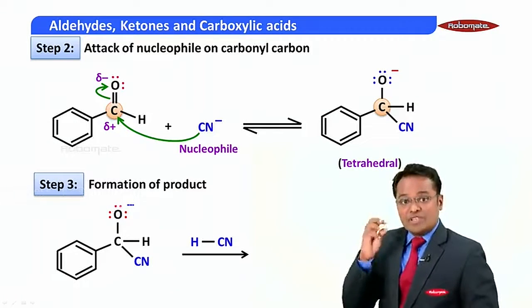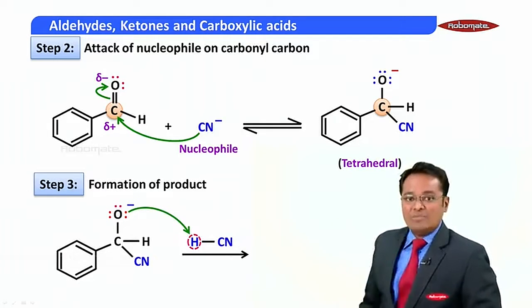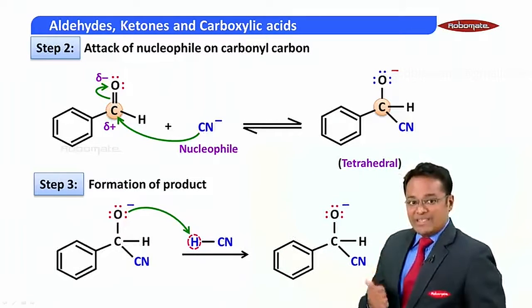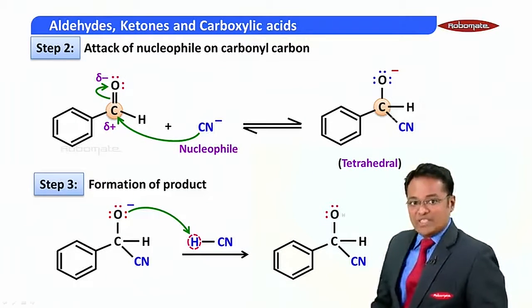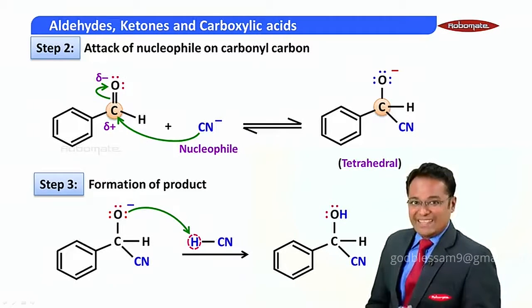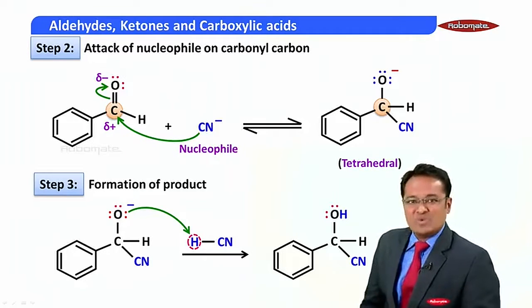What will happen? That oxygen negative will take that H, and it will form our desired product, which you can see is the product to which H is now coming. Will it not be benzaldehyde cyanohydrin, students? Yes, it will be benzaldehyde cyanohydrin. Is it not? So easy mechanism, students.